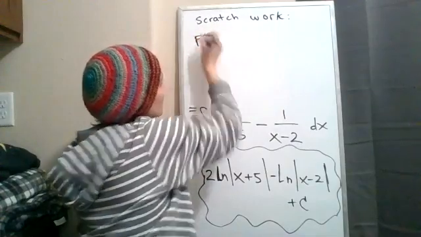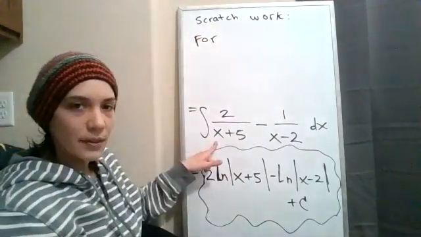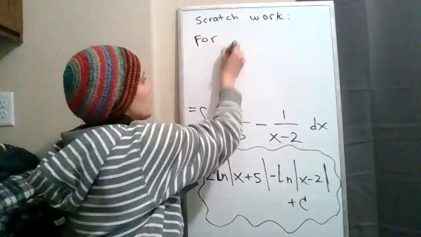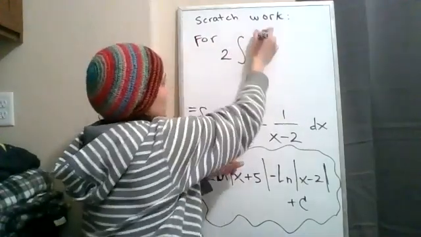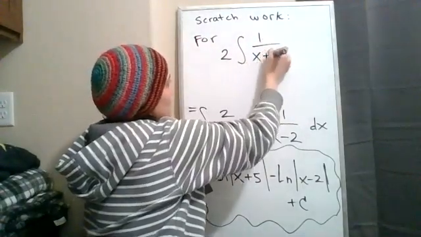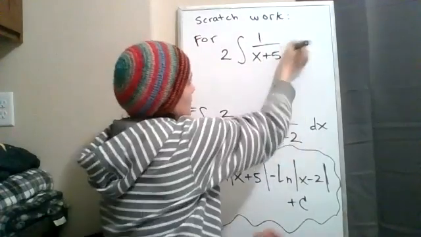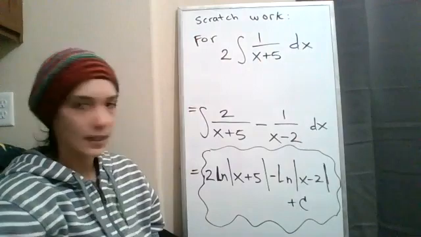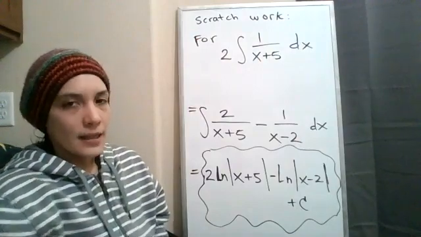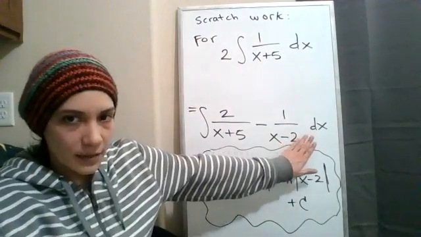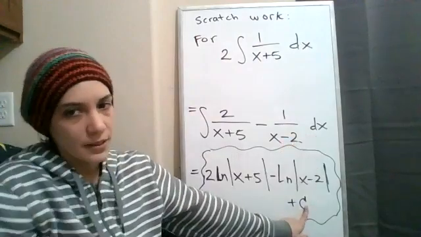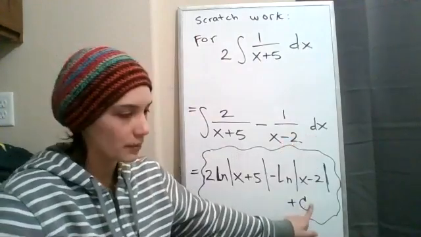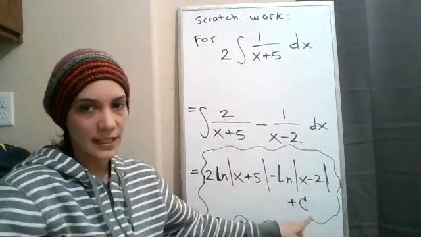For this first part, we'll have 2 times the integral of 1 over x plus 5 dx, and just do this piece. Then we'll come back over here, take care of that part, and then as that list of steps, add C at the end.